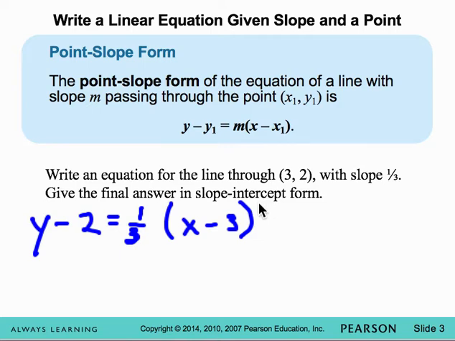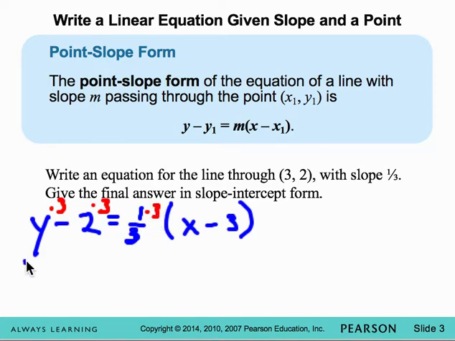That's nearly always how we're going to leave our answer. So if I have an equation that looks like this, the first thing I notice is I've got a fraction. Get rid of the fraction. So let's multiply everything by 3, not inside parentheses.